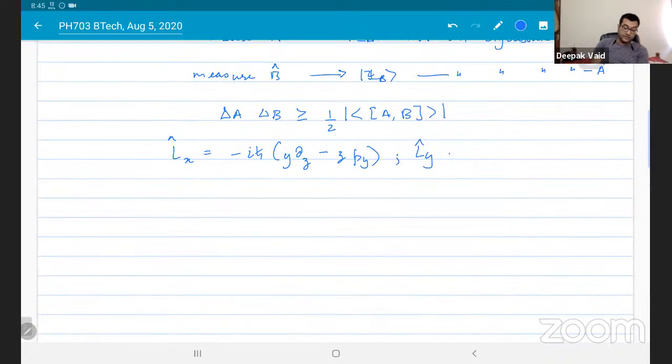And then we have, let's say, Ly is equal to minus iħ (z ∂/∂x minus x ∂/∂z).